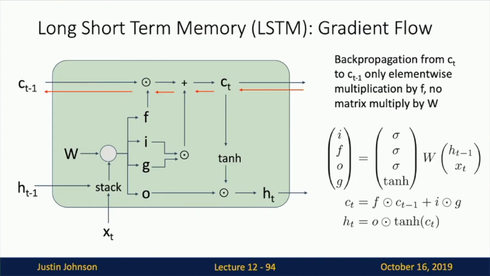Now what you'll notice is that when we backpropagate from the next cell state to the previous cell state, we are not backpropagating through any nonlinearities, and we're also not backpropagating through any matrix multiplies. So this top-level pathway through the LSTM is a very friendly pathway for gradients to propagate backwards during the backward pass.